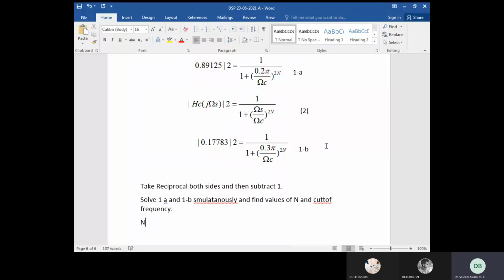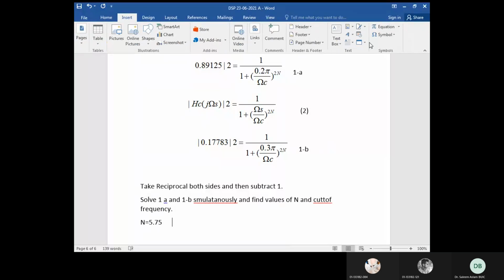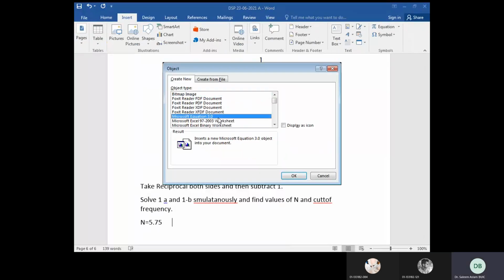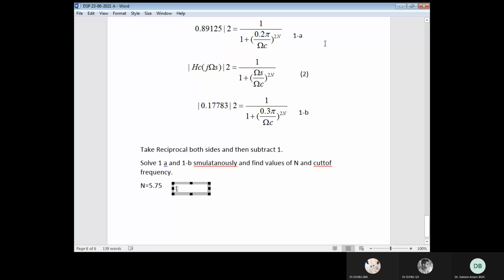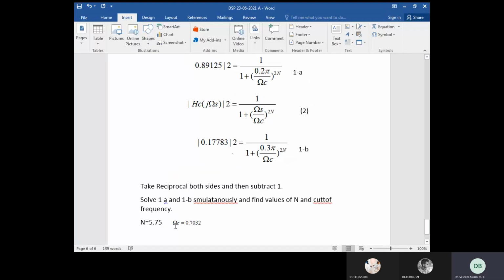When you solve it, n would be equal to 5.75 या 76, and cutoff frequency omega c would be 0.7032, and we will round off n approximately equal to 6, right? So I would expect that now it's very easy.